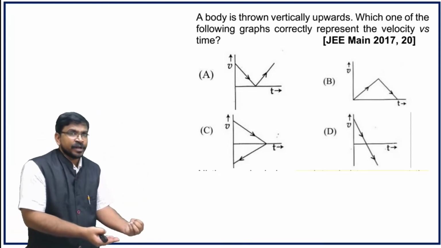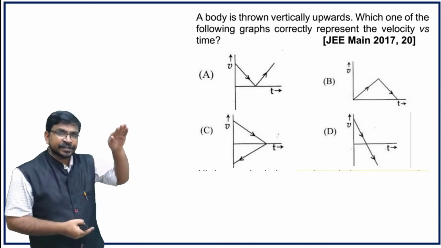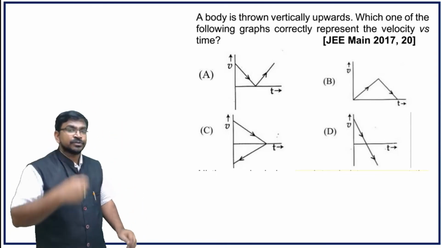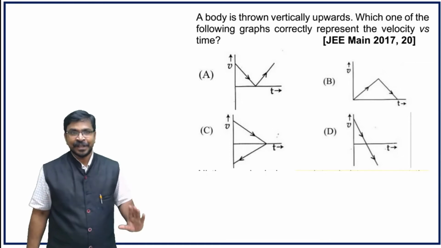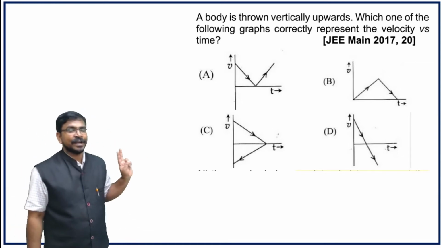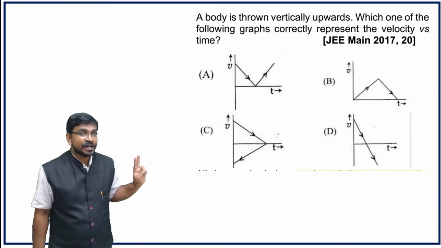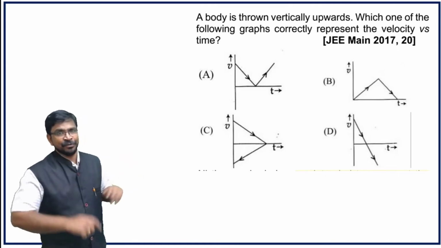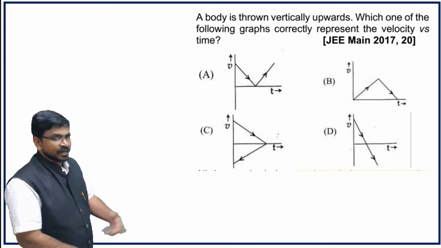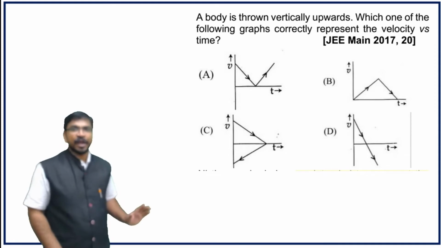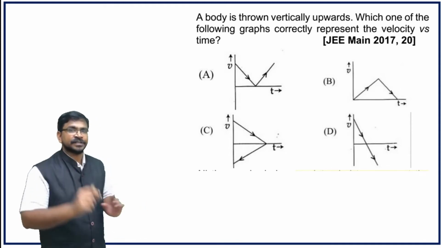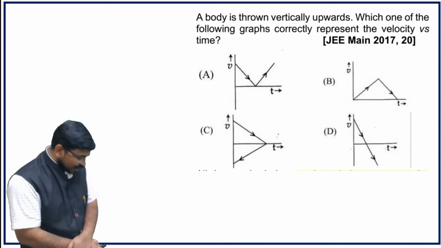The initial movement of the body is upward, so the acceleration direction is opposite to the initial direction. So acceleration is negative. Whenever acceleration is negative, the slope of the velocity must be negative. So in these graphs, the option that has negative slope for velocity will be your answer.